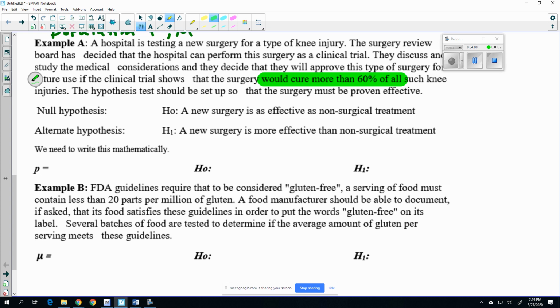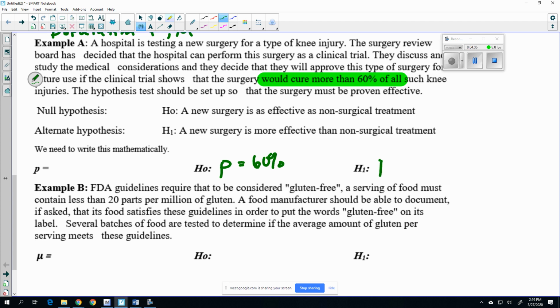If you take a look at the null, the knee surgery is as effective. So as effective means that my proportion, why did I use P? Because it's a percentage, is equal to 60%. My alternative says my new surgery is better, it cures more than 60.